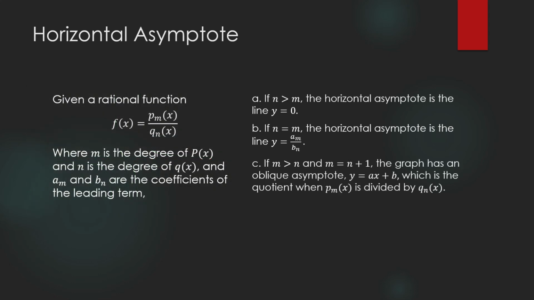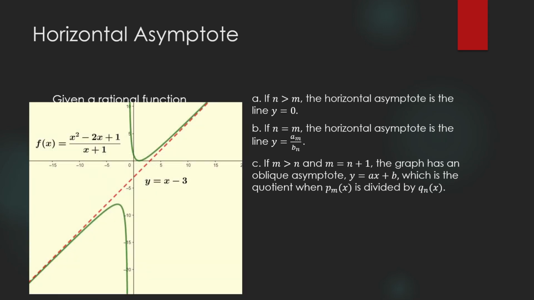When m is greater than n by 1, or when m is equal to n plus 1, the graph has an oblique asymptote. It is a slanted line. You can obtain the equation of that line by dividing the numerator by the denominator. The quotient is the equation that will define your oblique asymptote.